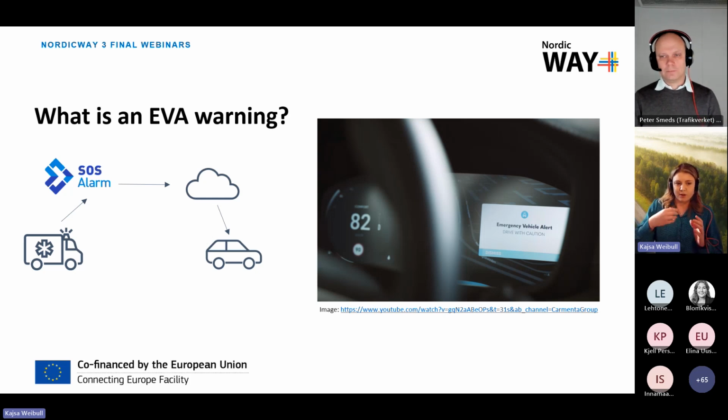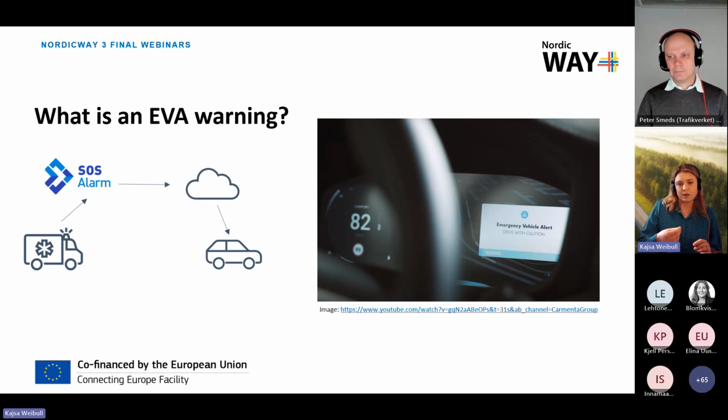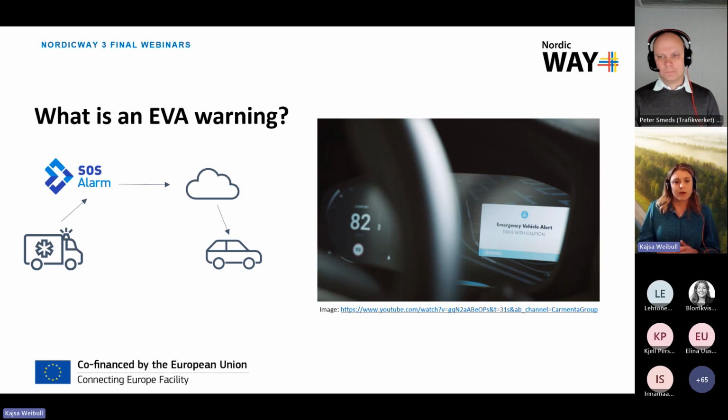We then took that information from Carmenta Traffic Watch and put it into the C-ITS node that we've been using in NordicWay. And from that cloud, the OEMs, for instance Volvo and Scania, who are in this project, could collect data about where all the emergency vehicles were and what drivers were affected by the emergency vehicle. And therefore, we can make sure that we only warn the drivers who are actually affected by this prioritized mission.